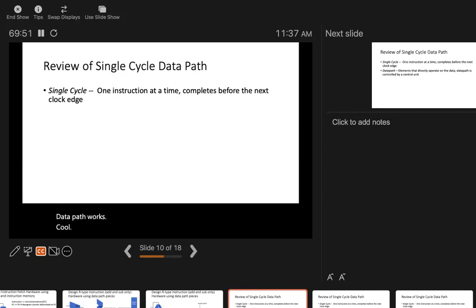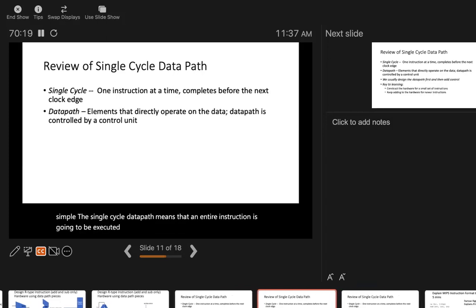Starting at the first positive edge, an instruction starts getting executed, and by the next positive edge, that instruction would have been executed. So the size of your clock has to be large enough to accommodate the slowest instruction. That's something for computer engineers to discuss, not computer scientists, for now. So single cycle: one instruction at a time, and you complete it before the next positive edge.